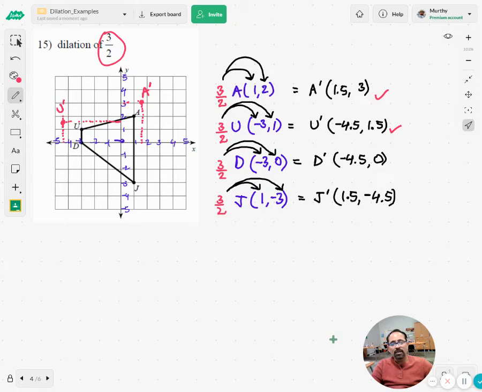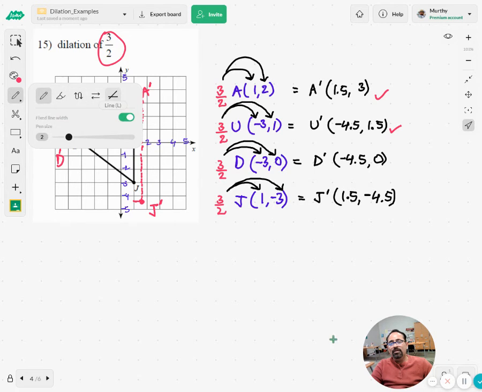Next, D prime is (-4.5, 0). It's already identified on the x-axis. So this is going to be D prime. And J prime is (1.5, -4.5). So x is between 1 and 2, and this time I'm going downwards because negative 4.5 on the y-axis lies between negative 4 and negative 5. This is going to be my J prime.